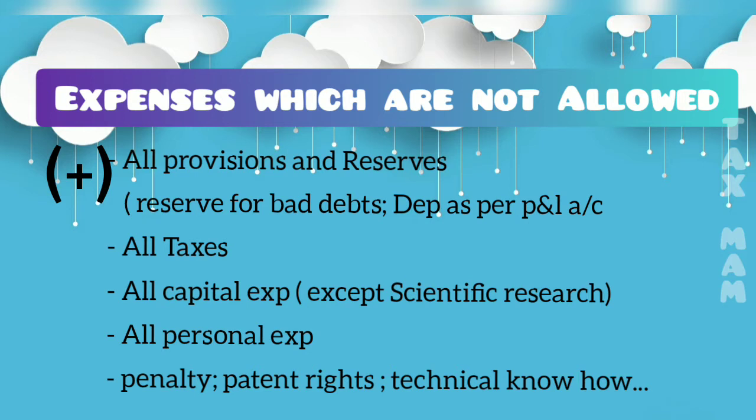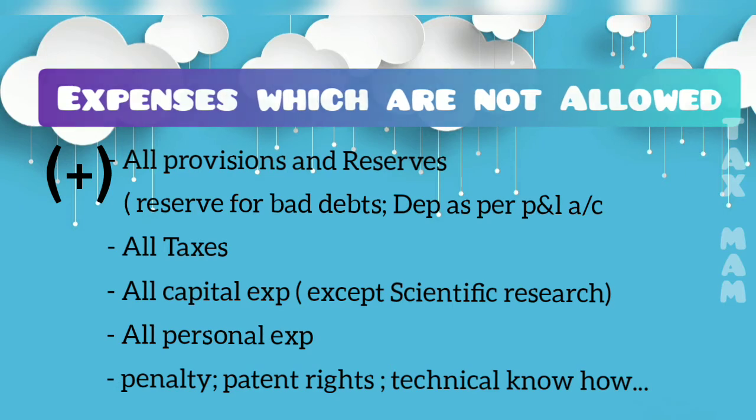All capital expenditure except scientific research, all charity and donations, all types of fines and penalties we have to add back. Patent rights, technical know-how, legal expenses, criminal charges, whatever it is, we have to add back all these expenses. These expenses we have debited but they are not allowed.